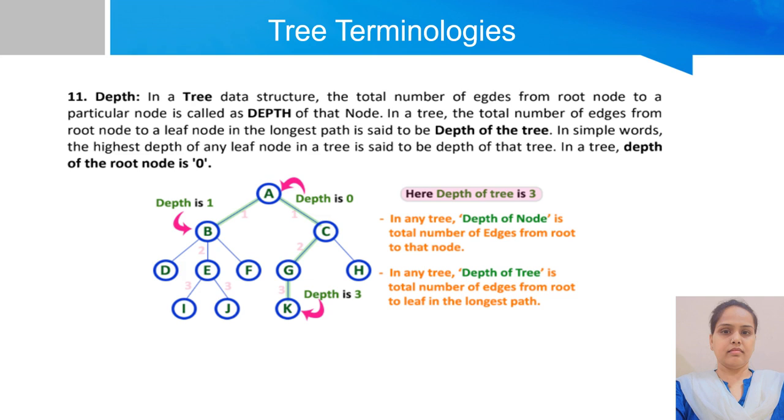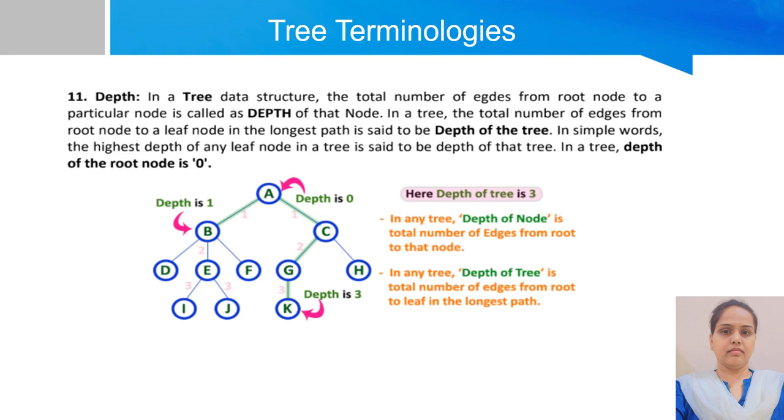Depth. Depth of a node is the number of edges from root to that node. Here, depth of A is 0 and depth of B and C is 1, whereas E and G have 2, D has 2, F has 2, H has 2, I, J and K have depth of 3.